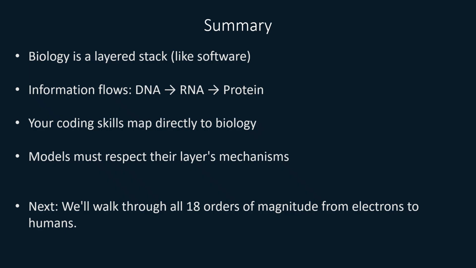Your engineering instincts map directly onto these layers, but models must respect the mechanisms at the layer you are working on and the physics and chemistry underneath it. Next, we will step through biology across 18 orders of magnitude and focus on what matters for modeling at each scale. Thank you.